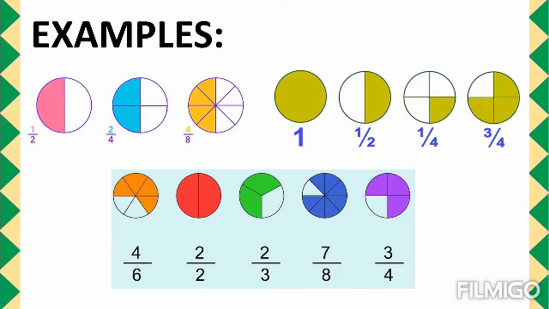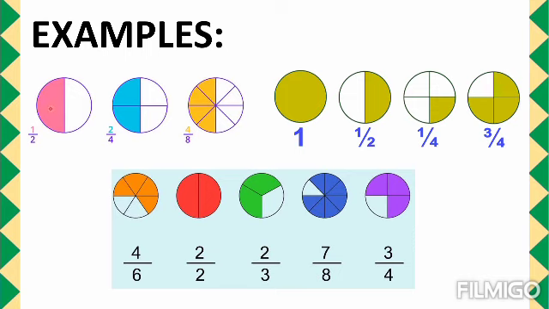Okay, guys, as I mentioned in the previous slide, I'll be showing you more examples of fractions. On the slide here, as you see, we have circles divided into different parts. The first one we have here is 1/2.